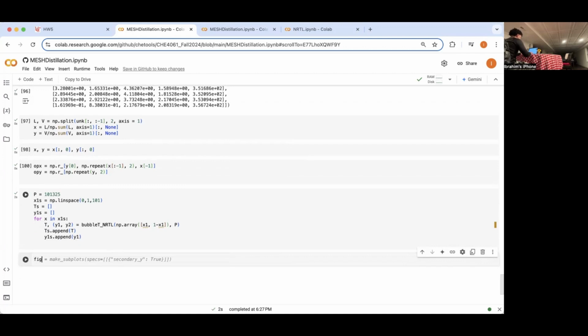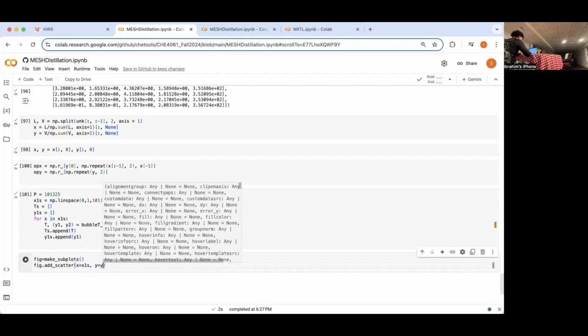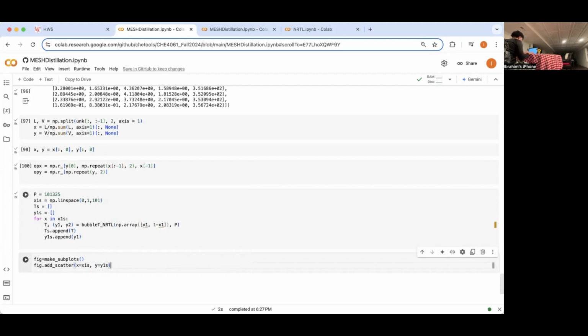We're gonna go ahead and just make our subplots. So fig equals make_subplots, and then add a scatter. So fig.add_scatter. Our x is going to be equal to our x1s, and our y is going to be equal to our y1s. Okay, add another scatter. So fig.add_scatter.